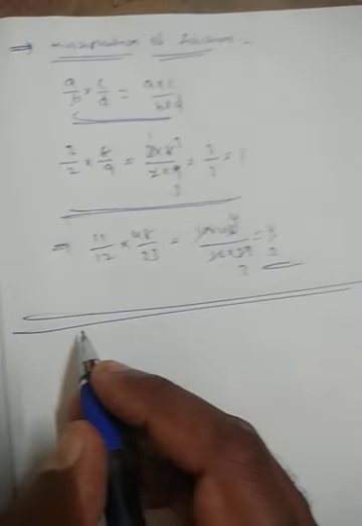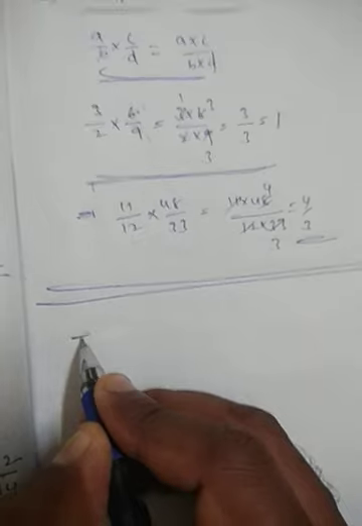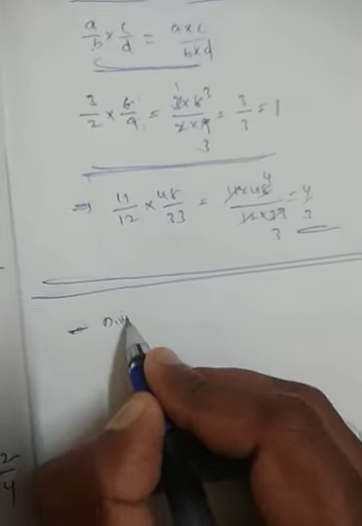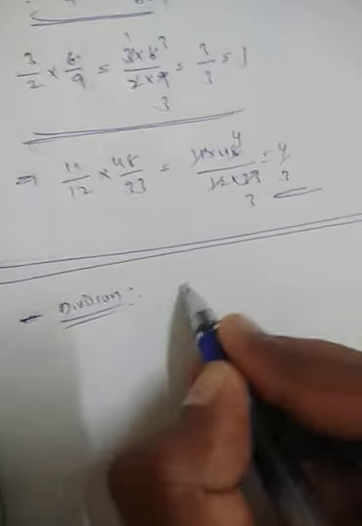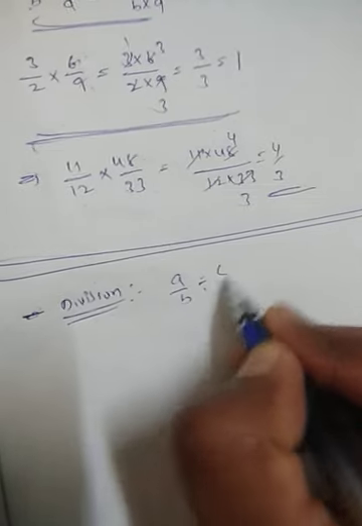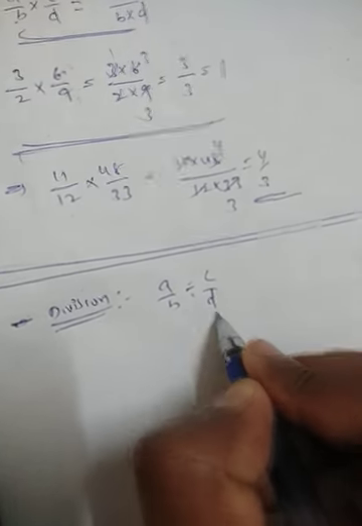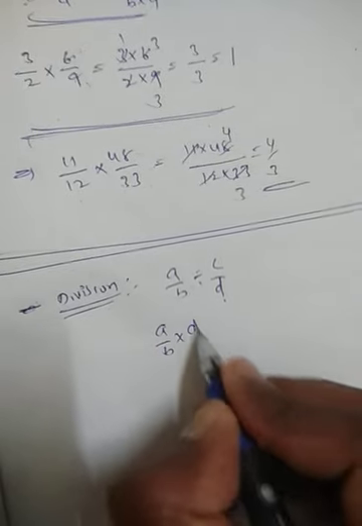First we will discuss some questions on this also. But basic concept next, division of a fraction. In the division of fractions, what we are going to do is, for example, a by b is one fraction and c by d is the other fraction. If you are dividing a by b by c by d, this fraction will become a by b into d by c.